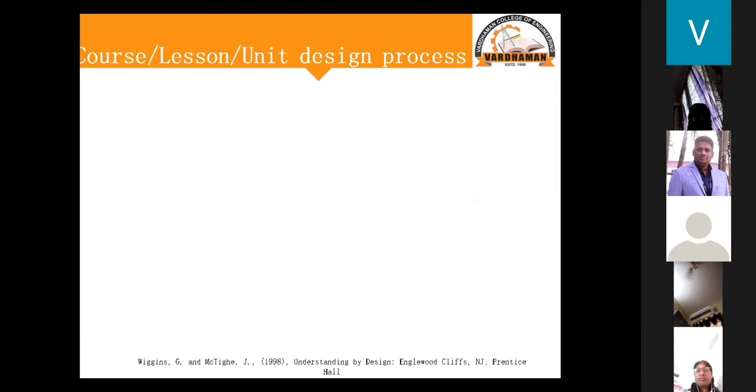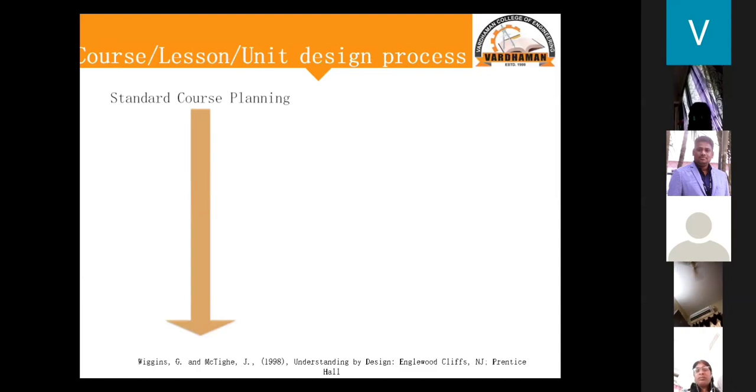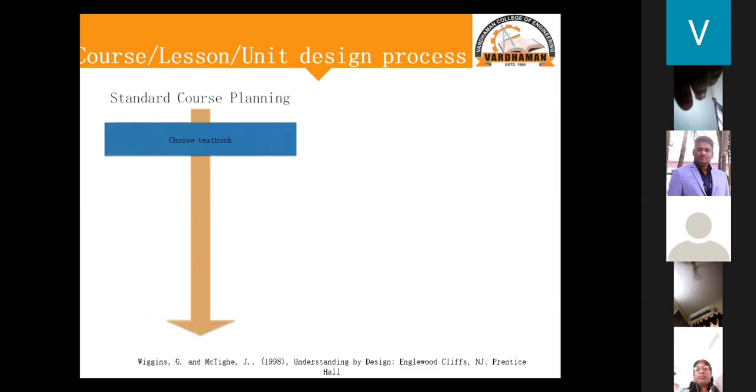So what exactly do we do in the standard course planning, which is called traditional course planning? Say you are a faculty working with an autonomous institute, and you are asked by your board of studies to design a course, to plan a course. So what exactly do we do? We always begin with choosing a textbook for the particular course.